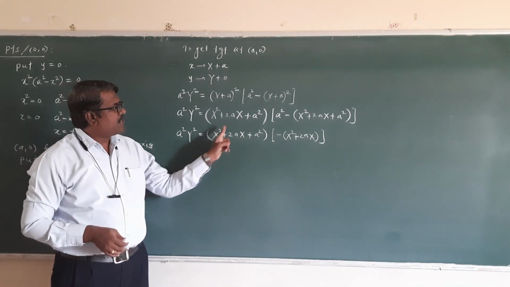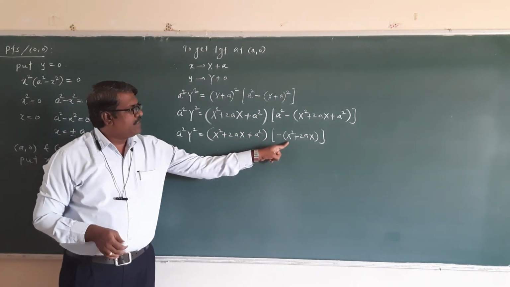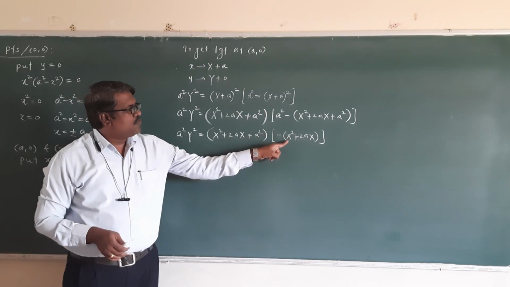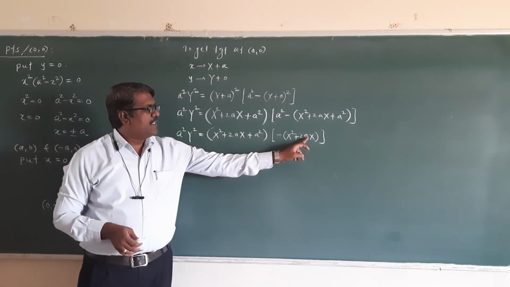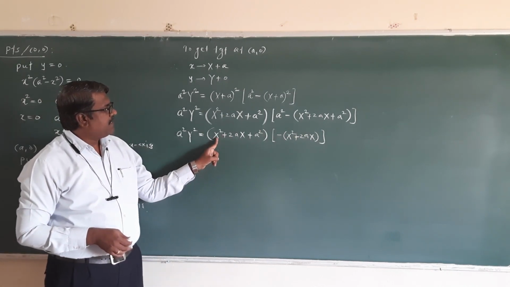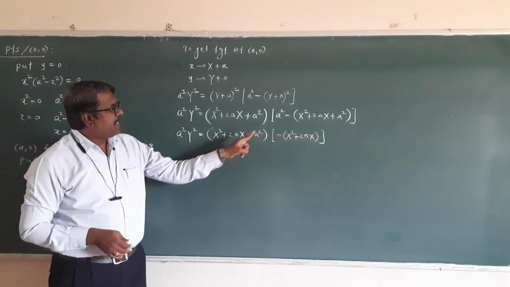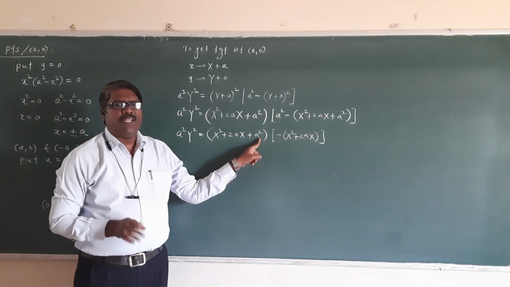After multiplication with x square, degree is 4. Here degree is 3. Here degree is 2. And if I multiply second term, that is 2ax, to all the terms inside this bracket, then degree 3, degree 2, and this is the only term having degree 1.